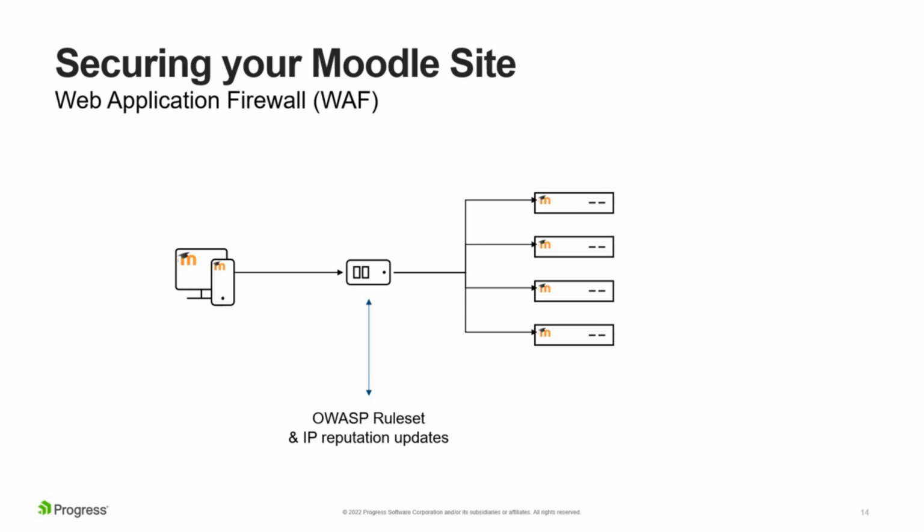The WAF inspects all traffic and, just like a virus scanner, will identify malicious payloads and block such activity, providing you with an additional layer of protection for your Moodle cluster. The WAF also gets regular updates of IP addresses that have been identified as dangerous and offers an option to block access from these addresses.